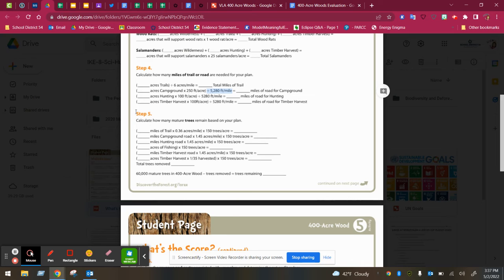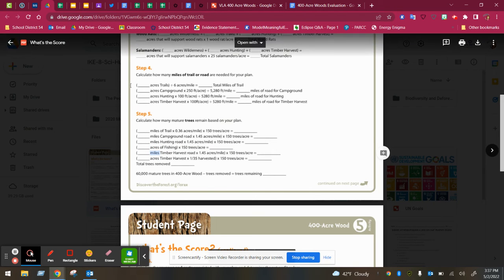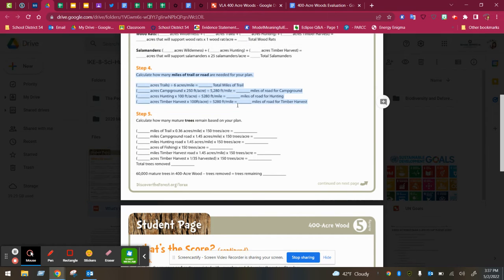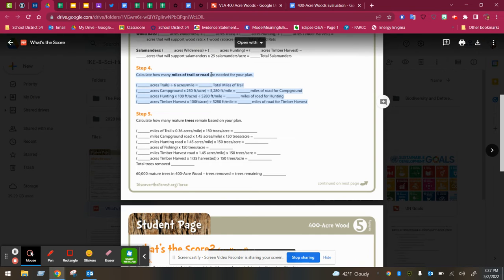Now in step five, be careful because you have 6 calculations to do. In your first, second, third, and fifth, they are asking you for the miles. Well, you get the miles up here in step four. So for the first, second, third, and fifth calculation, you're going to use your answer that you calculated up here, right?